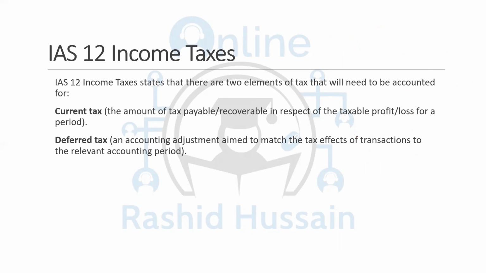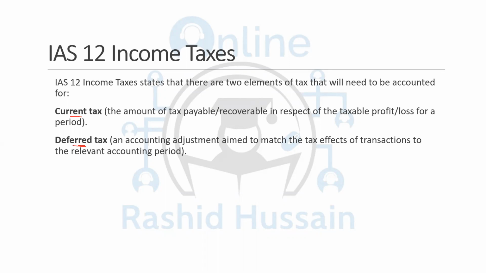When we are talking about IAS 12, you will be dealing with two types of taxes. The first one is the current tax, and the second one is the deferred tax. Remember that this standard is simply based on some calculations.